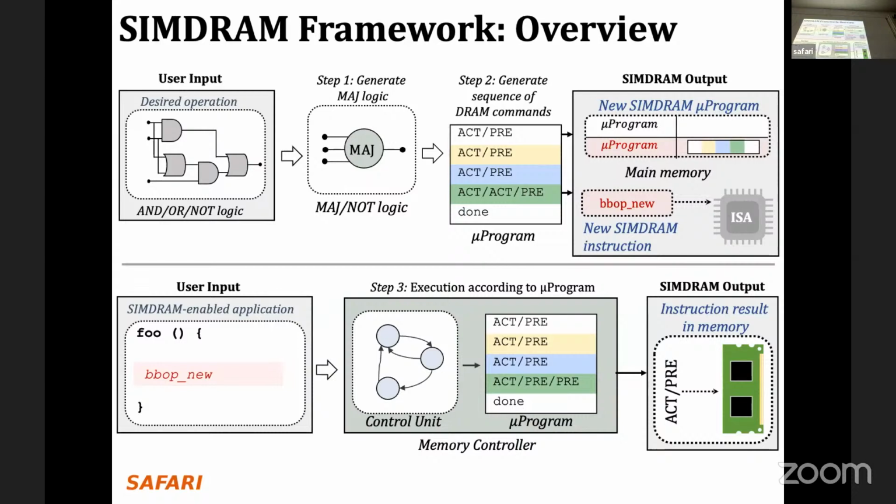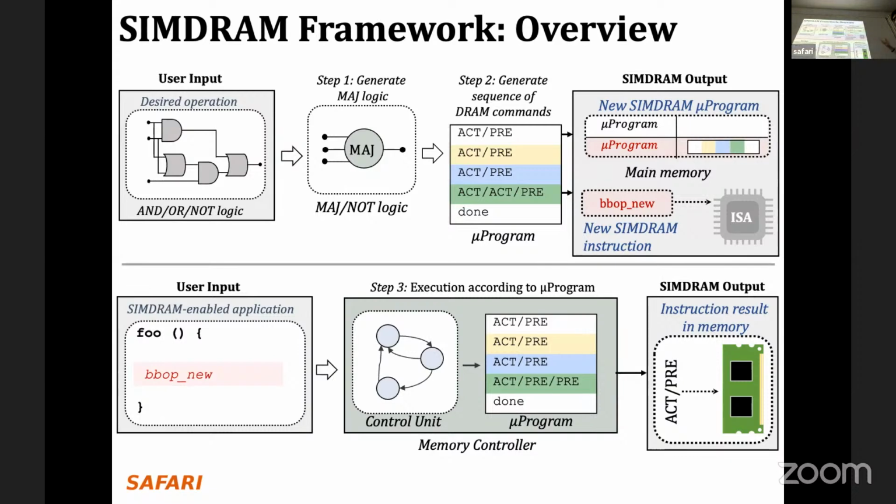The SIMDRAM framework, as you see on the screen, proposes 3 steps to create these complex operations by just using activate and precharge commands that activate the 3 rows simultaneously, or can be used as well to copy data from one row to another row, right?